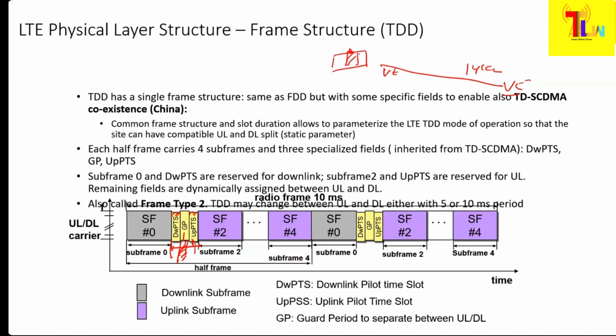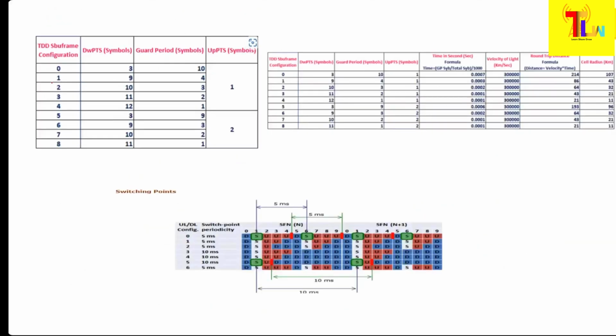So depending on the guard period length, the special switching subframe has different versions. We have 9 special subframe structures, with different DwPTS and UpPTS. Based on the UV's distance, we have different guard period symbols.